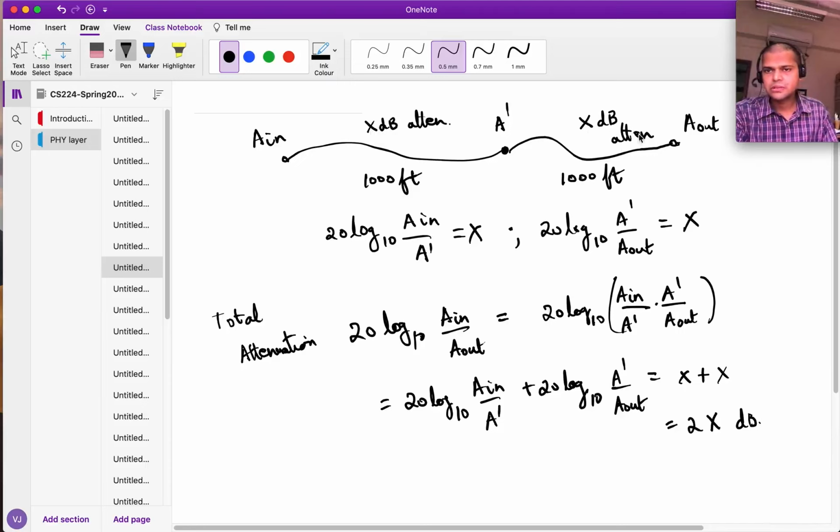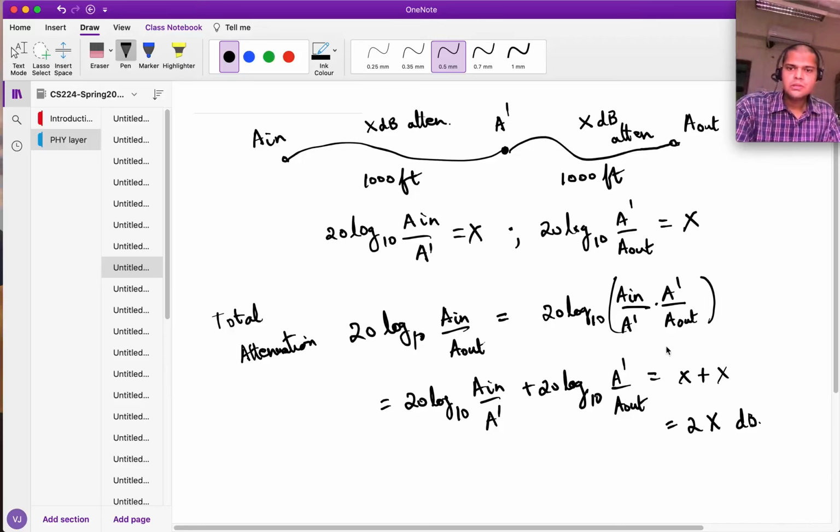dB attenuation here? What is the total attenuation going to be? Well, it's going to be X plus Y. Okay? In this particular case, I chose identical cables of the same length, right? But in general, you could have two cables which you are connecting, let's say, of different lengths or different materials and so on. So you would have to add the attenuations in dB units to get the total attenuation.